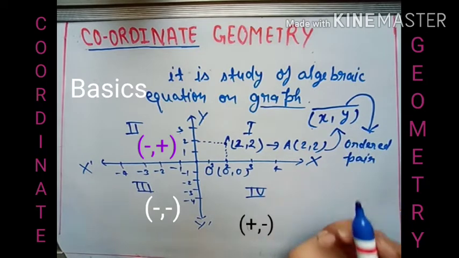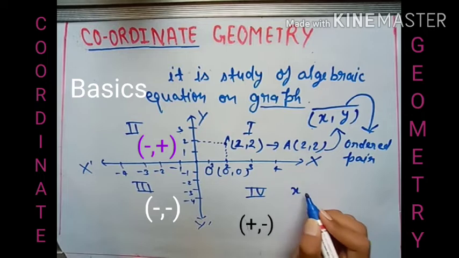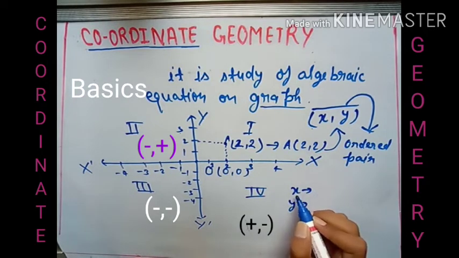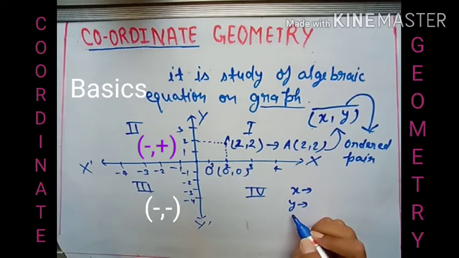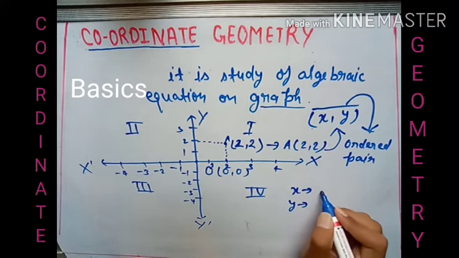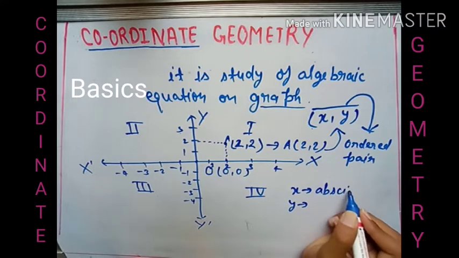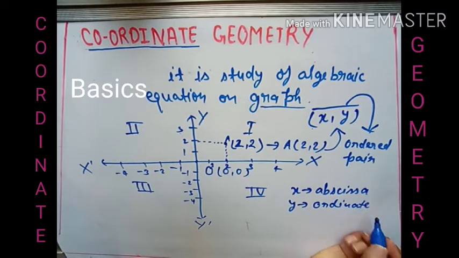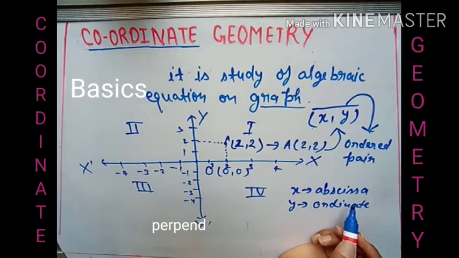Now there is a name for x and y. You can also call them the x coordinate and y coordinate, but the true name of the x coordinate is abscissa and the y coordinate is ordinate.